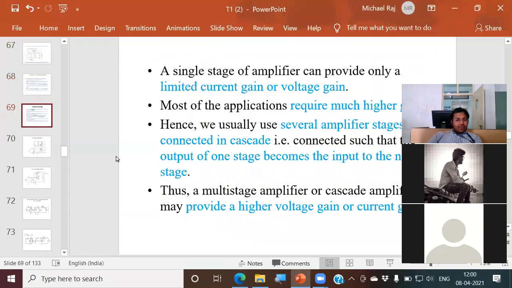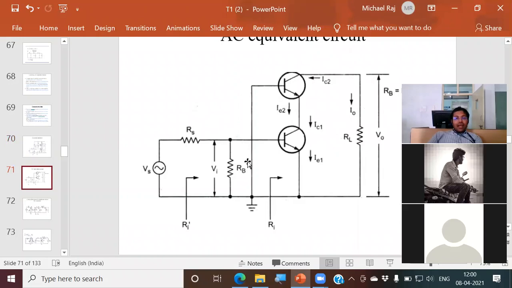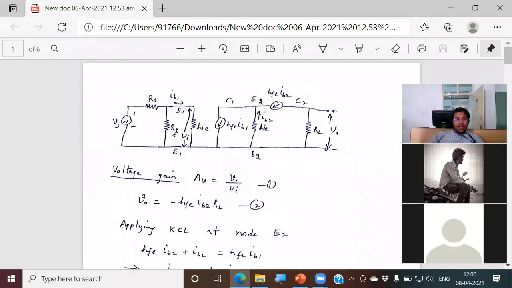When I took the AC equivalent, they appear to be in parallel. That I called RB, where RB is the parallel combination of R3 and R4. So far I analyzed the circuit towards the right of RB. Now the effect of RB we are considering.